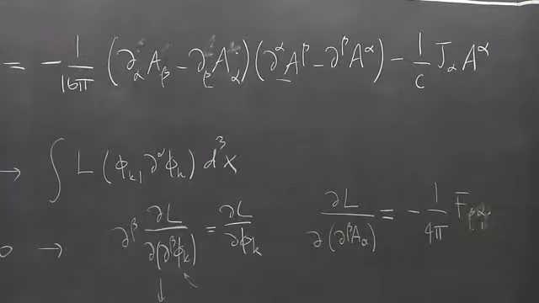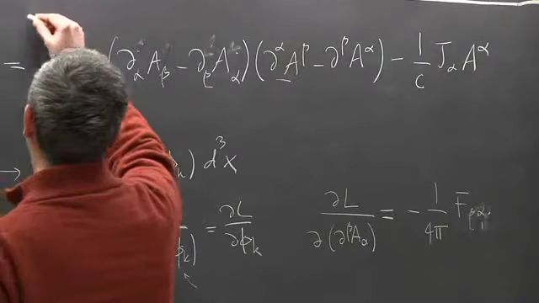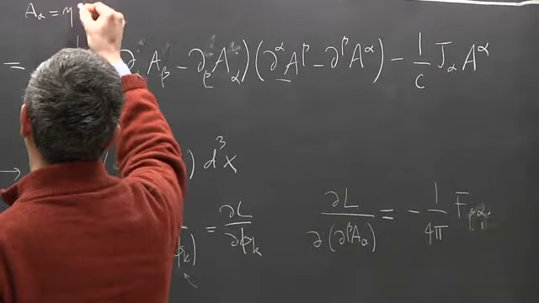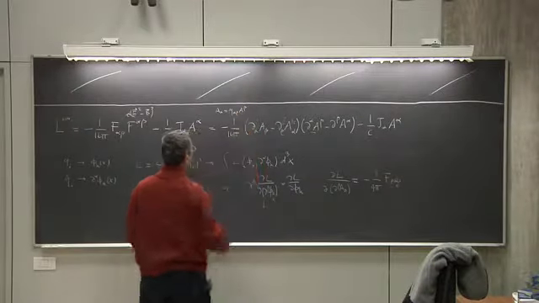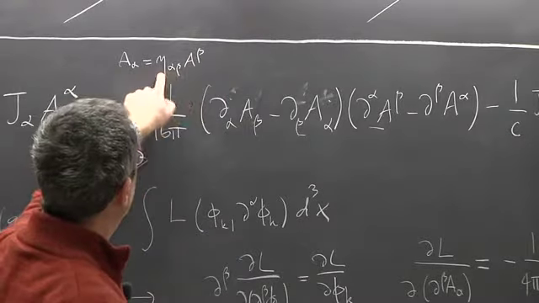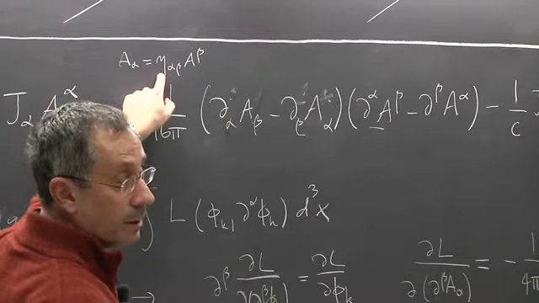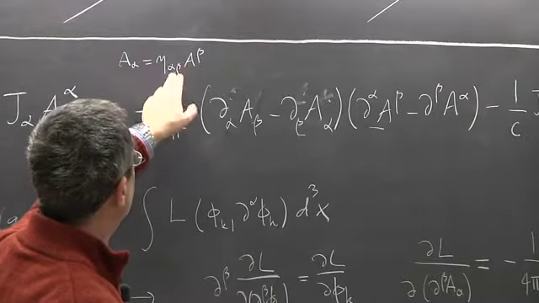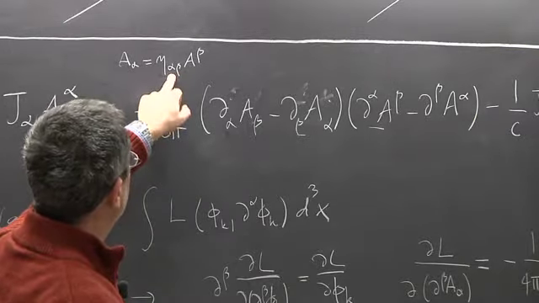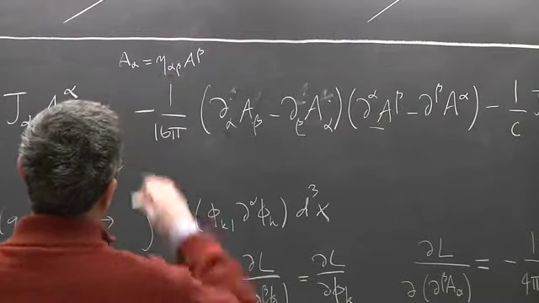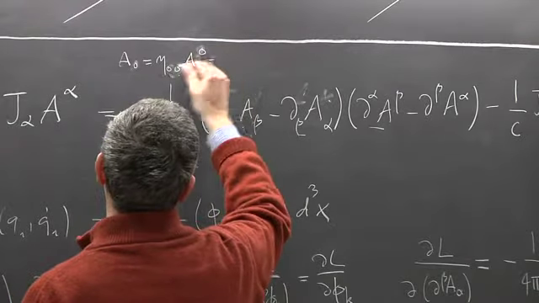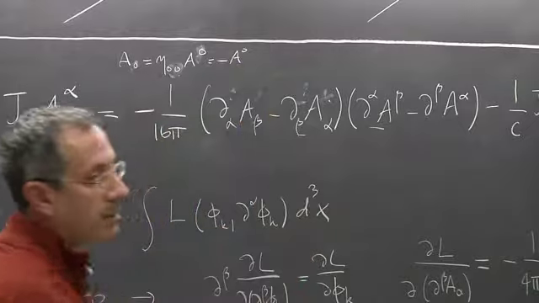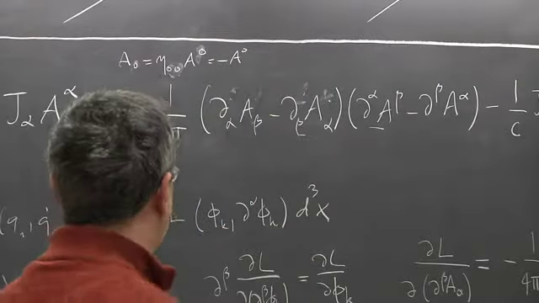You lower and raise indices by multiplying by the Minkowski tensor, eta alpha beta. Because in 4 dimensions the 0 component is this, therefore this is minus a0. So that's why it's important to remember where these indices are.